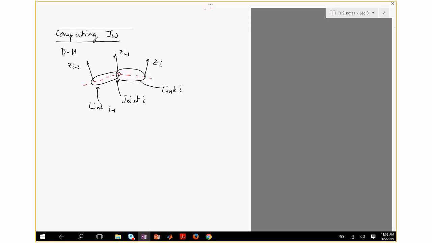Okay, if the ith joint is revolute, okay, so that joint which I showed you, joint i, is revolute, then we can write omega_{i-1}. So that is basically the angular velocity of link i with respect to i minus 1.